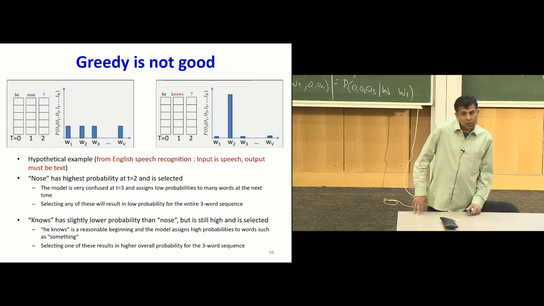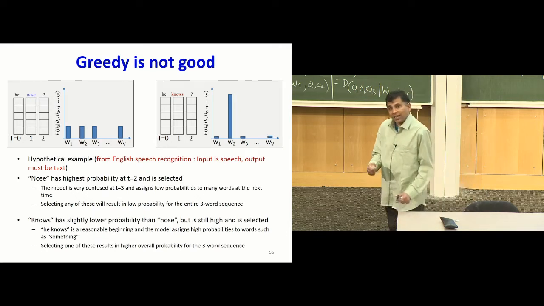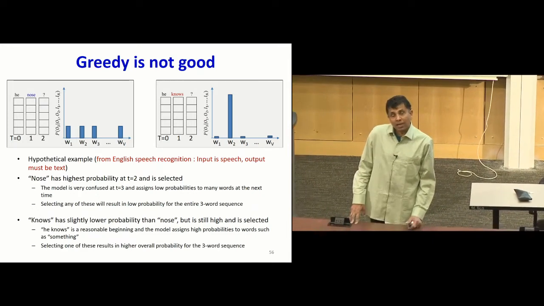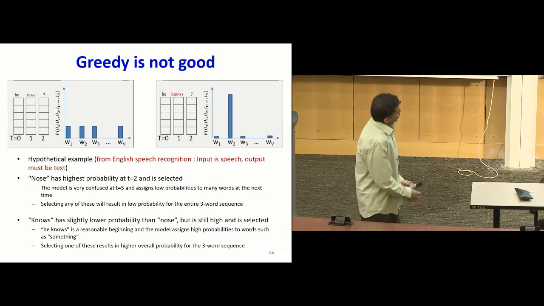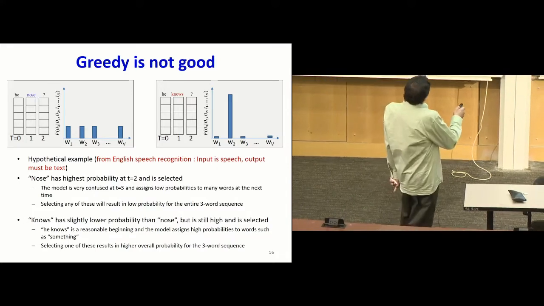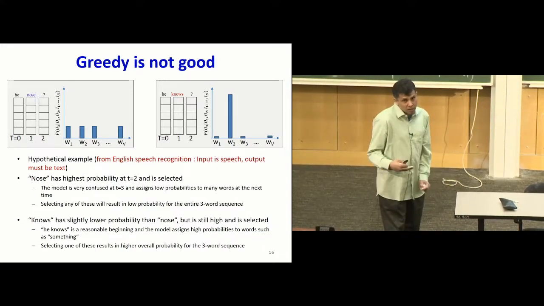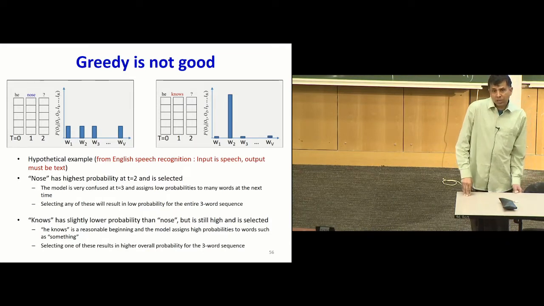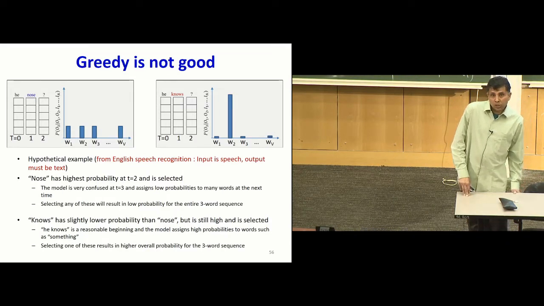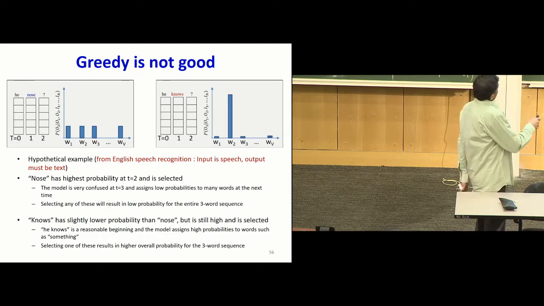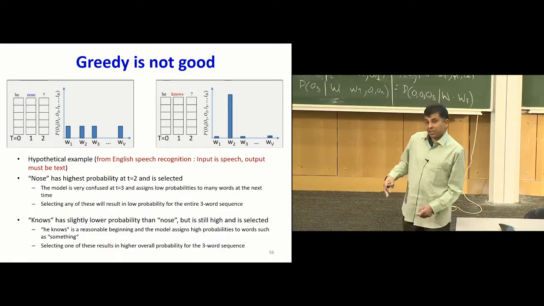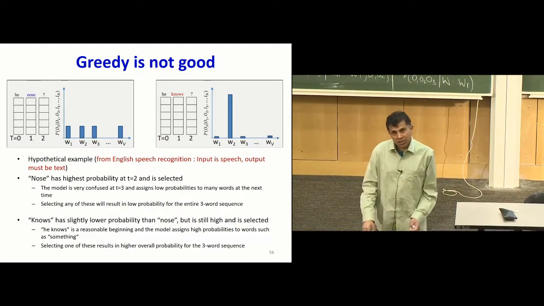So the word NOSE might just serendipitously have a marginally higher probability than the word KNOWS. So you've drawn NOSE. But then "he nose" is a really odd construct. So given "he nose", what is the next word? You can't really be sure. So the network is probably going to compute some kind of low probability for all words, something closer to a uniform probability distribution, because this is such a strange construct.